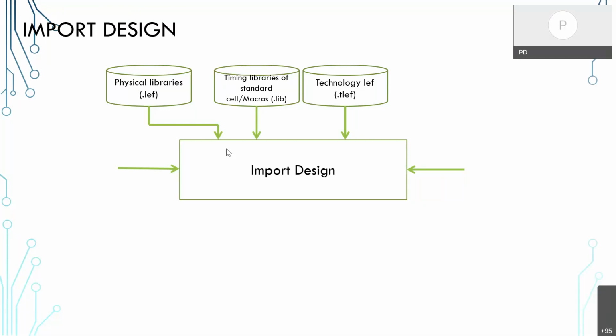These kind of details will be available in the timing library. So the physical library just has the pin positions and metal layers, whereas the timing library is basically the timing model of that cell: how much delay it's going to consume, what transition it can take, and if this much transition comes, how much delay it's going to give. All those details will be there.